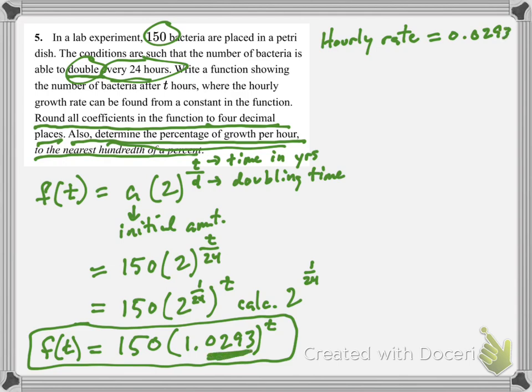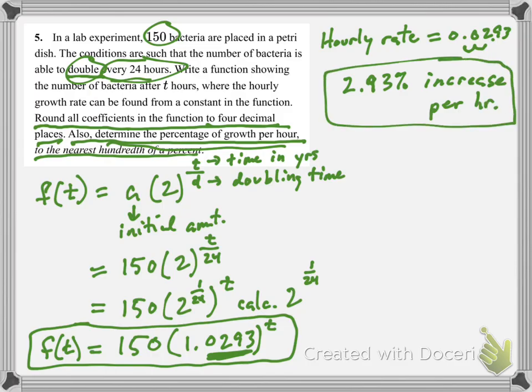So what that means is when I move it 2 to the right, that means I have a 2.93% increase, because it's growth, per hour. There's the second part of my answer. So when it's growth, it's a little bit simpler, but we're still using concepts that we used from 4.1.